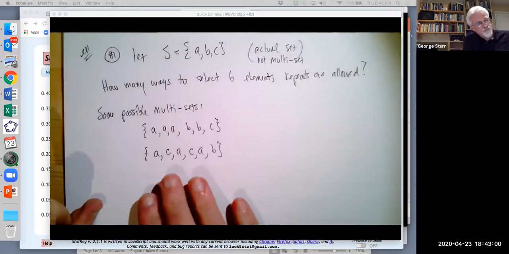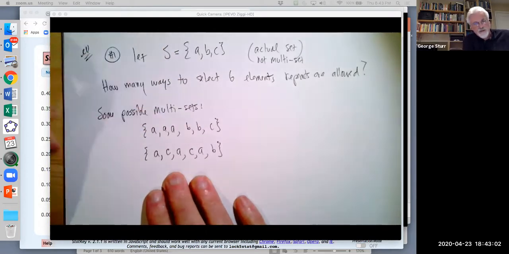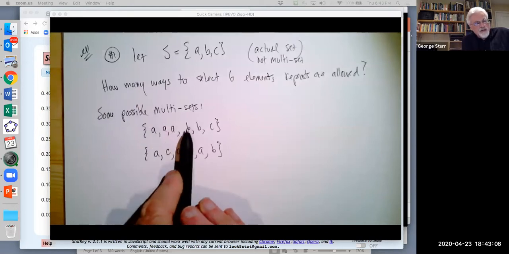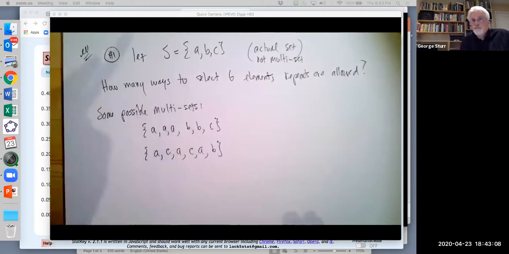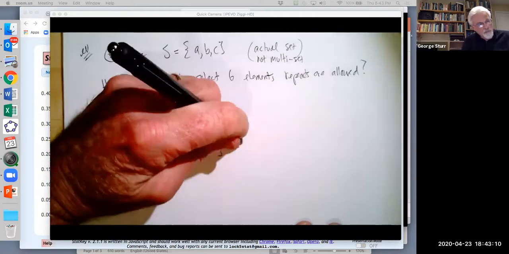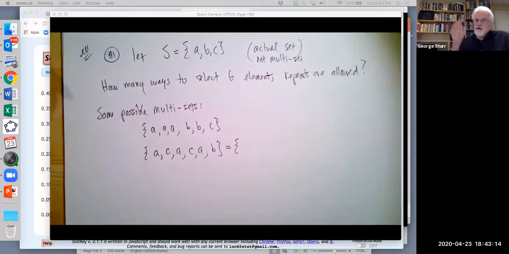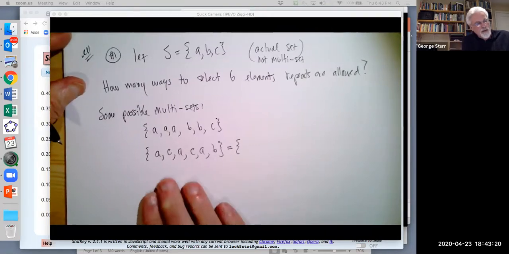One more possibility. Now this one is not like the other one, because you notice that in this one I had the letters in order. There's the A's, there's the B's, and there's the C's. Well, let's suppose that I would like to write all of my possibilities with the letters in order. So what would happen here?